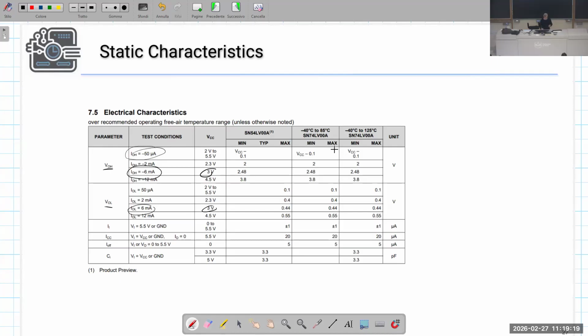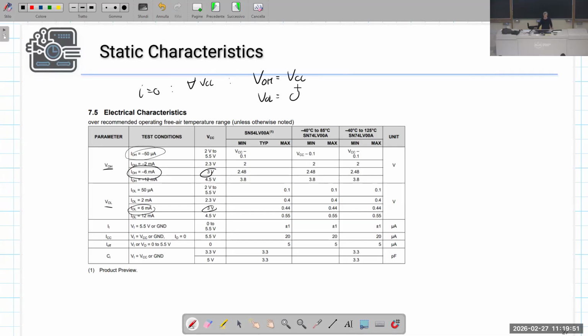But if I assume that I is equal to 0, basically the output voltage at the high level is the supply voltage. If there is no current, the high level corresponds to VCC, the low level corresponds to 0. For I equals 0, for any VCC, VOH is VCC and VOL is 0.